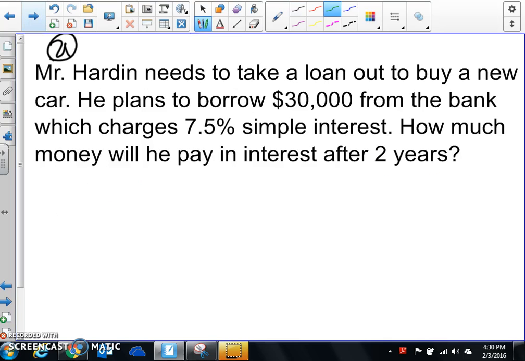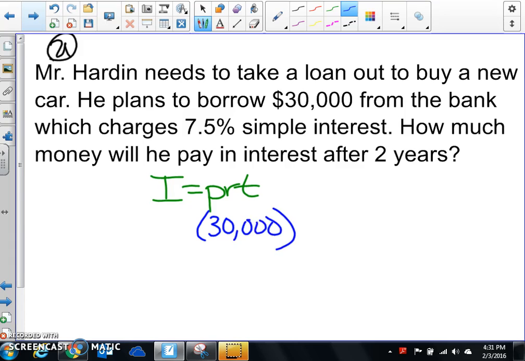Mr. Harden needs to take a loan out to buy a new car. He plans to borrow $30,000 from the bank, which charges 7.5% simple interest. How much money will he pay in interest after 2 years? All right, remember, if it's an interest, I am pretty. The money amount is my principal, so that's $30,000. My rate, which a lot of people forgot, remember, as a percentage, I have to turn that into a decimal.